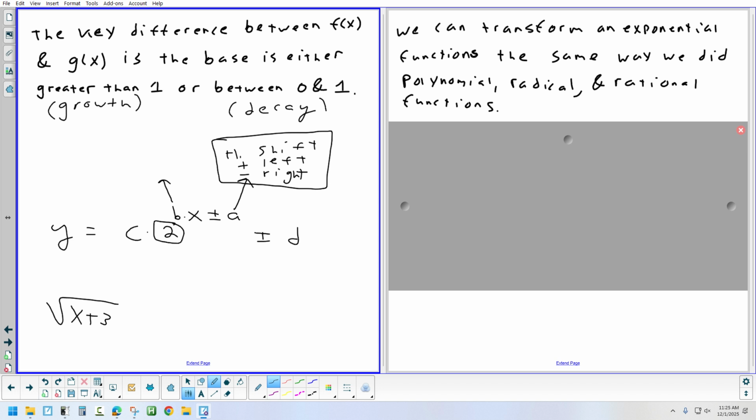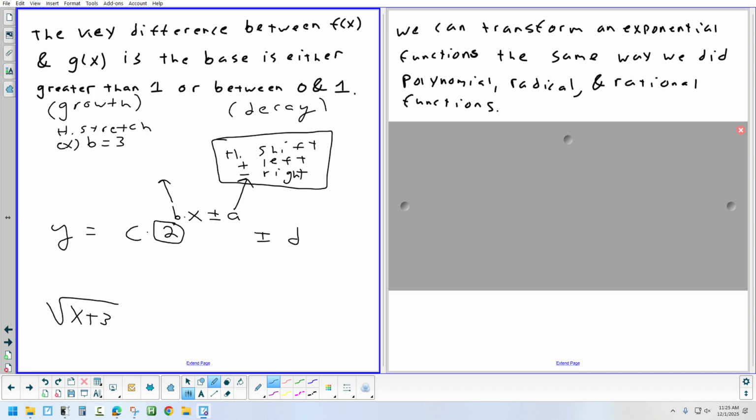So what kind of transformation do you think B is? Yep. Horizontal stretch. What is it? Horizontal stretch. Yep, that's a horizontal stretch. And remember, it is backwards. So let's just say, for example, B equals 3.